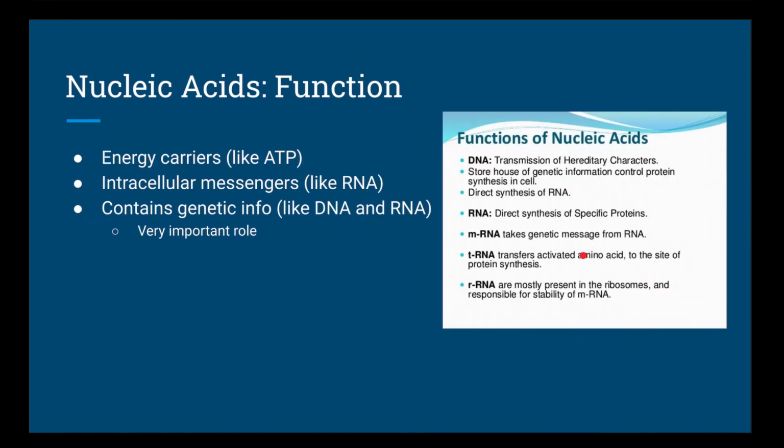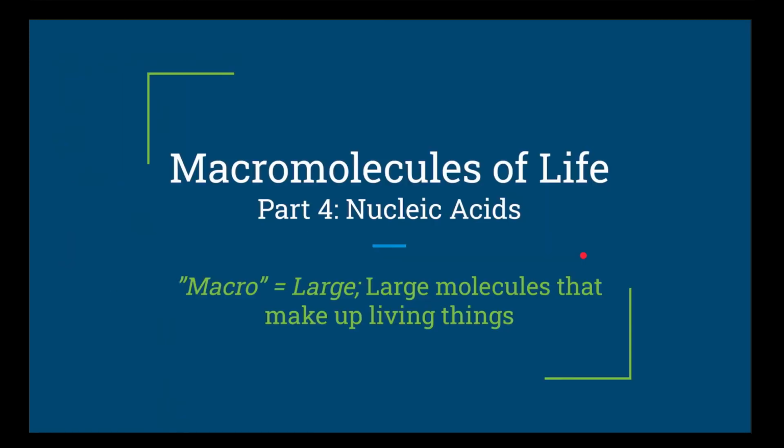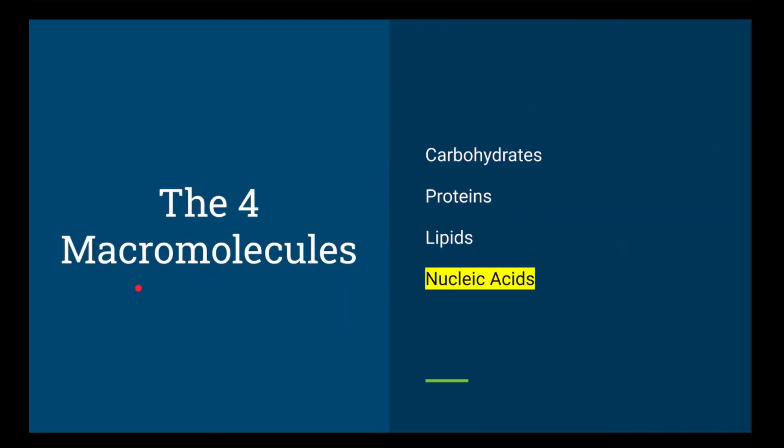So now I'll just briefly go over what we did in this presentation today. So we have macromolecules of life. Remember, we went over the prefix of macromolecules to note why they are so important. We went over the 4 different macromolecules.